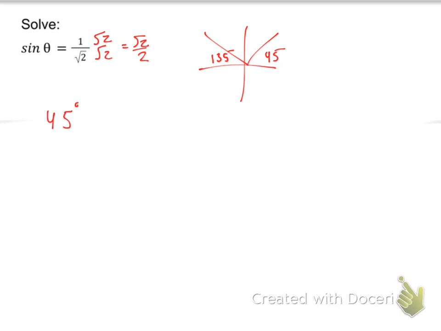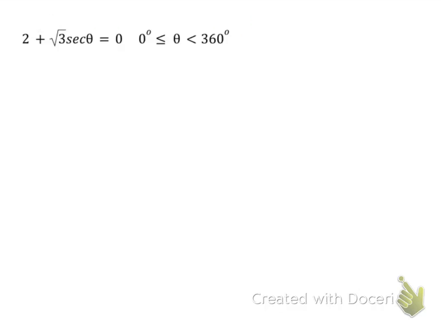It's 45 degrees plus 360k. It's 135 degrees plus 360k. So what we're doing is finding all solutions. That means I could rotate 360 degrees, 360, 360 in both directions from those angles, and I will always come up with an answer for the sine of it, 1 over square root of 2 or square root of 2 over 2.